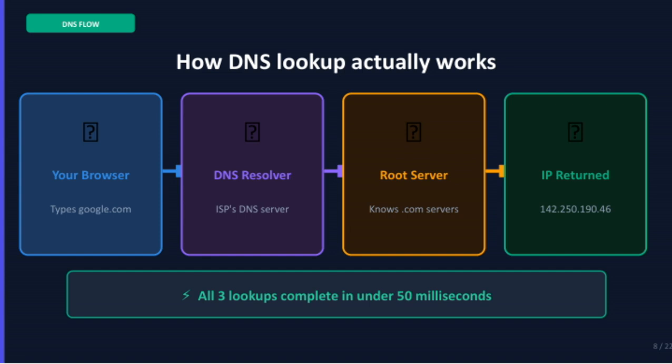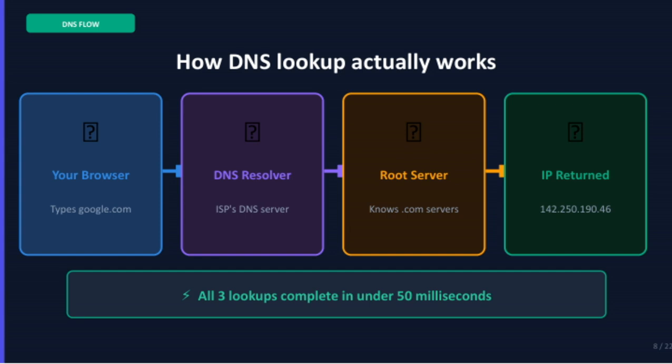When you type in google.com, your browser sends a request to your ISP's DNS server, which then starts the process of resolving that domain name into an IP address. It first checks its cache. If it doesn't have the answer, it reaches out to the root server, like the global directory of the Internet. The root server knows where to find the authoritative servers for top-level domains, like .com.